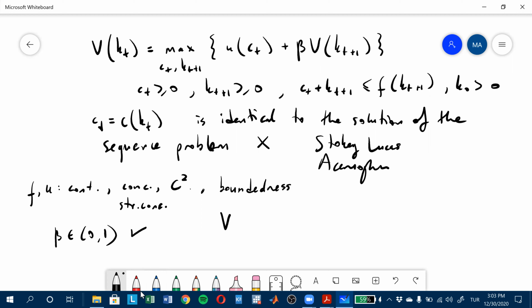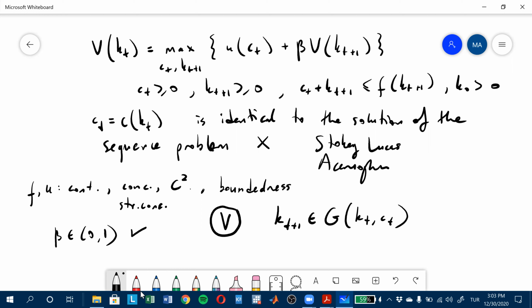Because we want V to have certain properties, and we want the feasible set, which in the general form is a correspondence, to have certain properties such as compactness and convexity, and continuity.